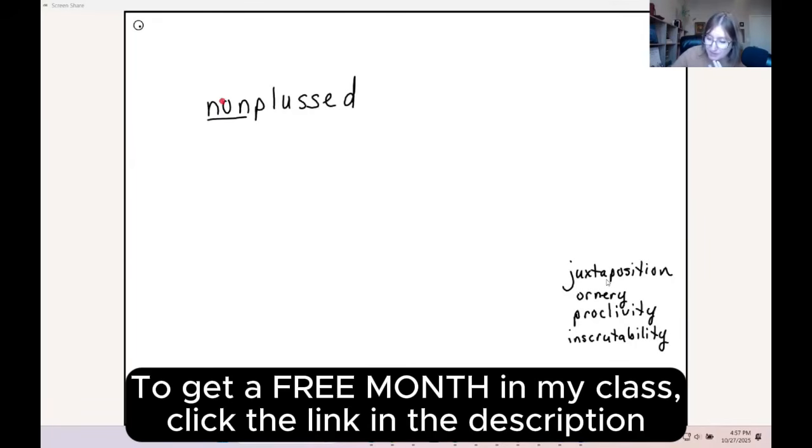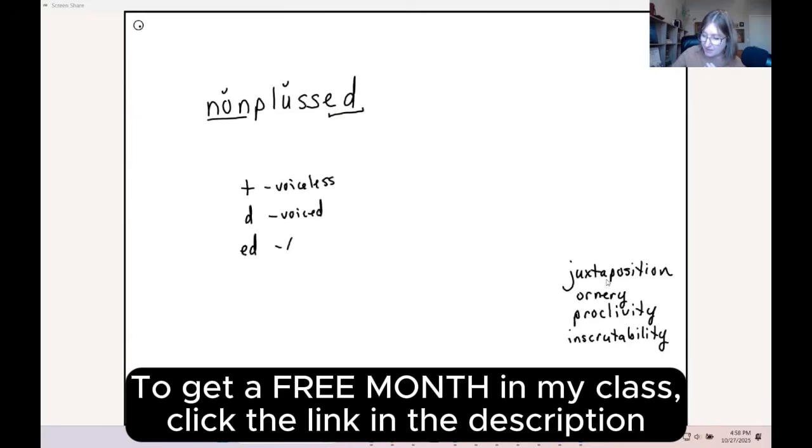So this O is going to say ah because of the tap two rule. Same with this U, because there are two consonants after it. And then this ED has three sounds. ED can sound like a T, it can sound like a D, or it can sound like an ED. But you don't have to wonder. It's all dependent upon the letter before it. The sound for T is a voiceless sound. There's no vocal cords being used. This is voiced.